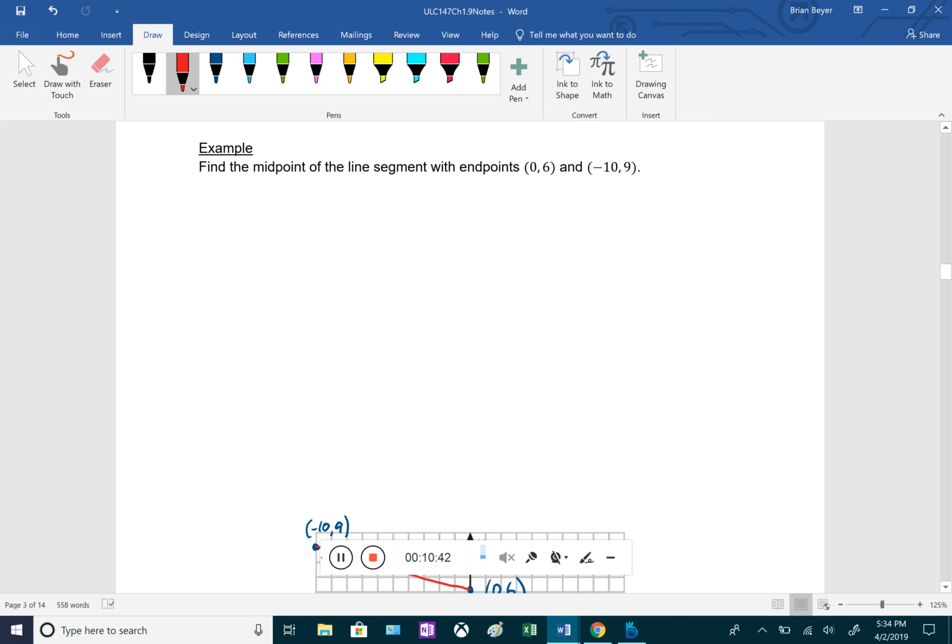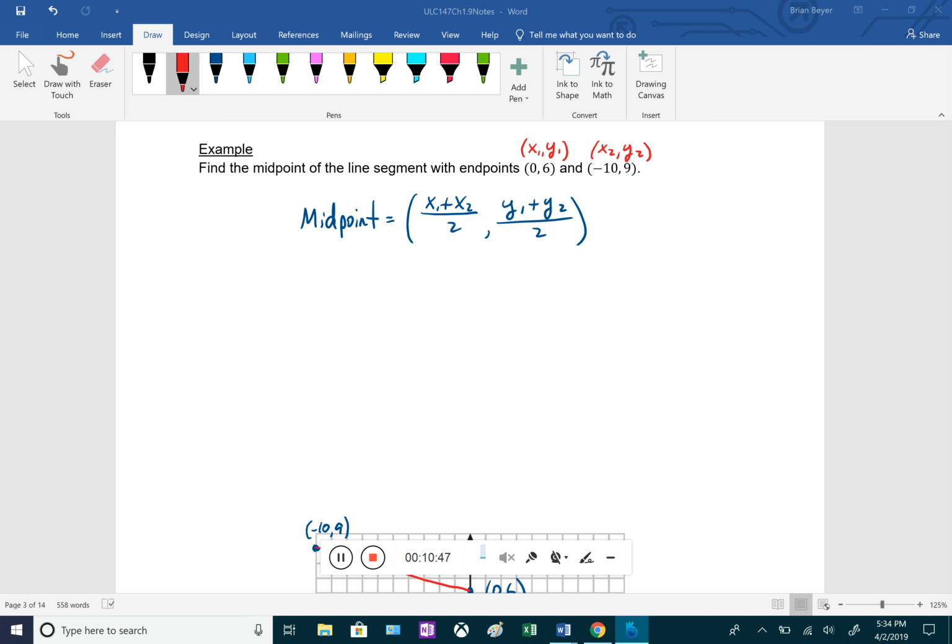So plugging these in the formula, we're going to get 0 plus negative 10 for the x coordinates, then divided by 2. And then for the y coordinates, 6 plus 9 divided by 2. Call that M again, just for midpoint.